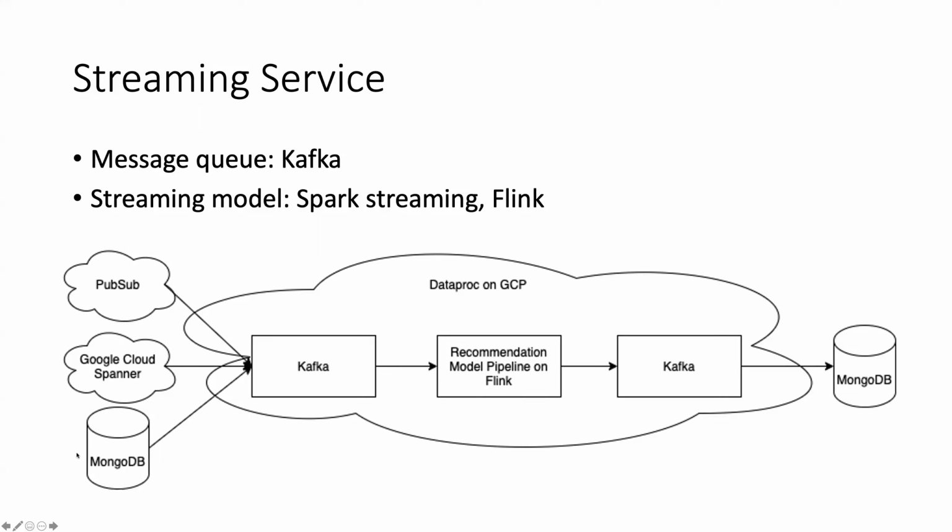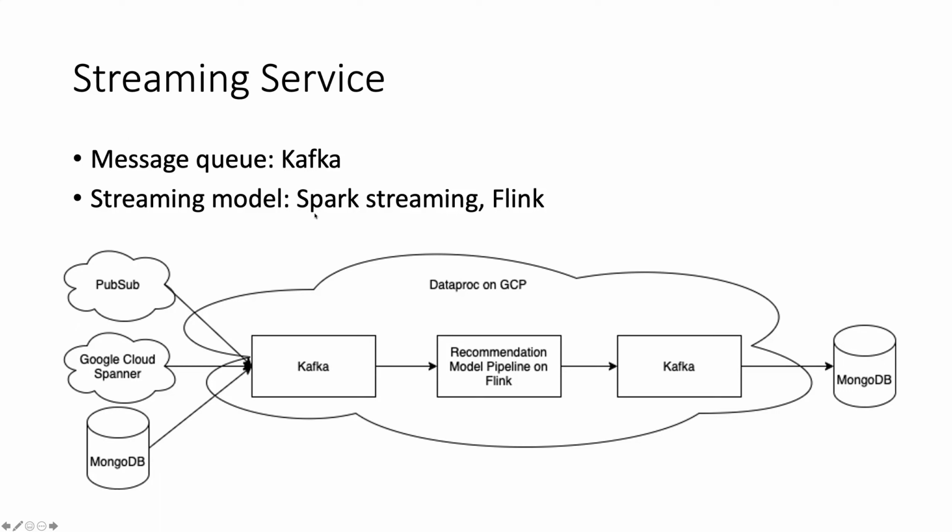For example, if you store the product information in MongoDB, and then you see there's a new product coming in, that's a data change. We capture that data change immediately and then send that to Kafka, which is a message queue. So Kafka will quickly send that information to your recommendation model on Flink. Flink is a framework that can run streaming models.